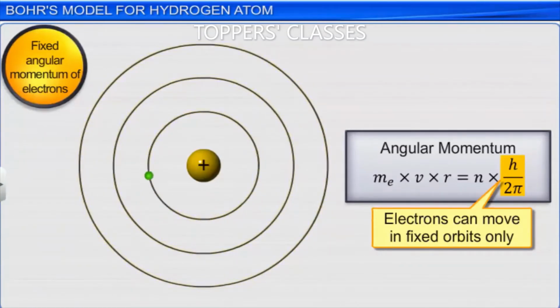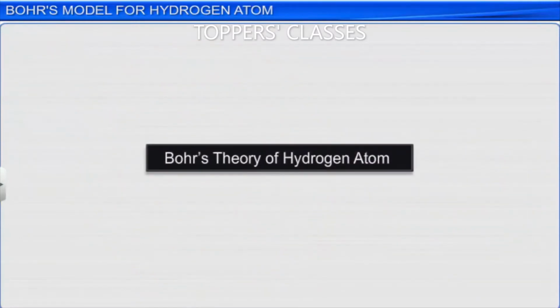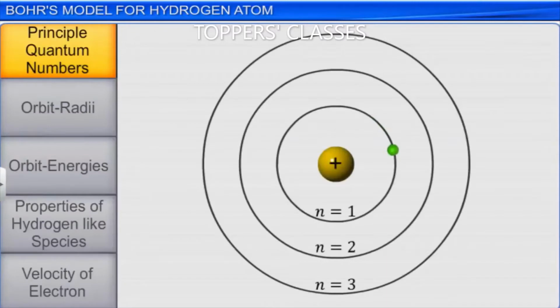Let us now get into more details of Bohr's theory of hydrogen atom. According to Bohr's theory, the stationary states for electron are numbered n = 1, 2, 3, and so on. These integral numbers are called principal quantum numbers.